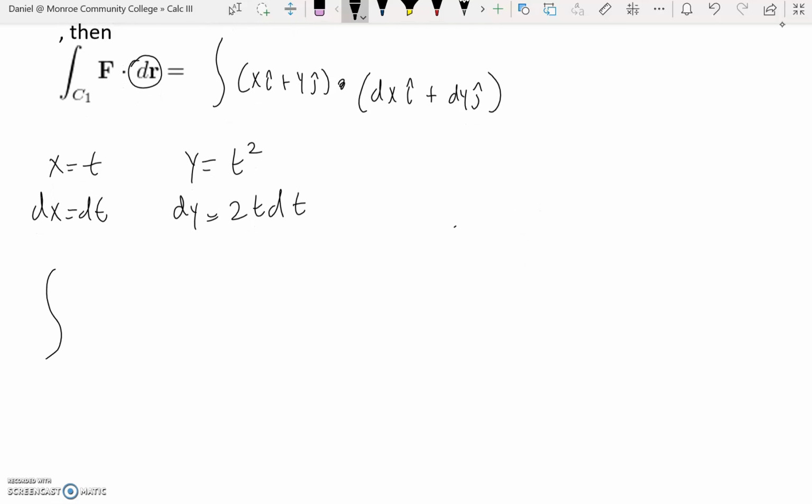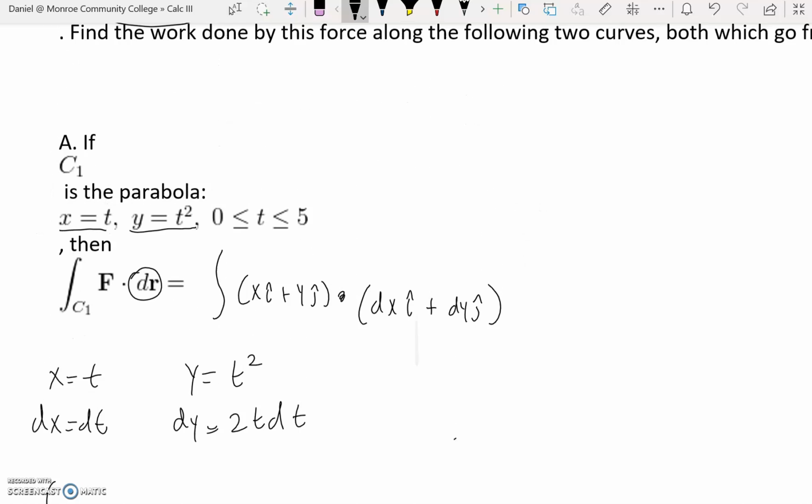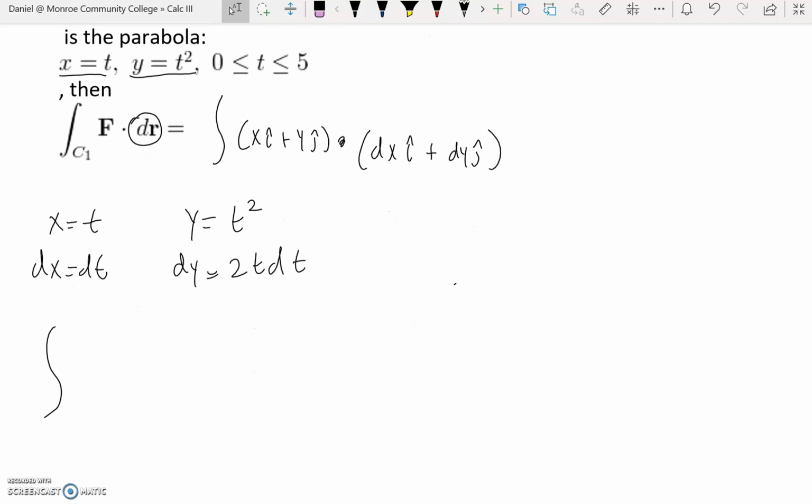Our integral now looks like, from 0 to 5, t i plus t squared j, times dt i plus 2t dt j.